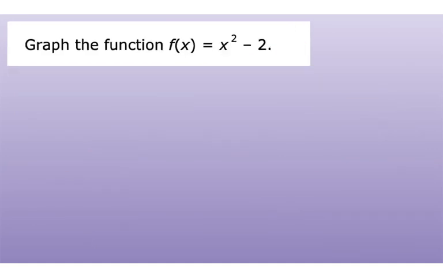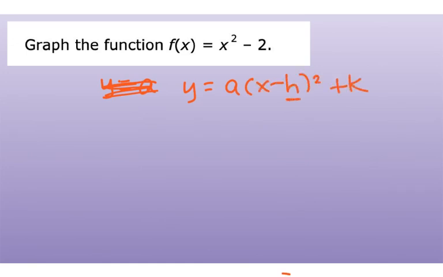Okay? The second level up, once you go up a level, again, you are still remembering the same recording. You are still doing y is equal to, I'm writing standard form, y is equal to a times x minus h squared plus k, where this is our vertex.